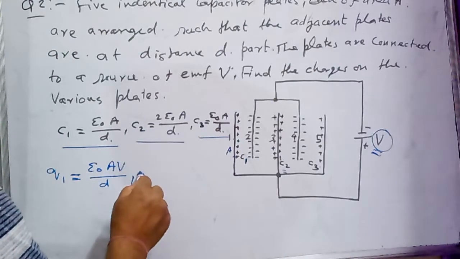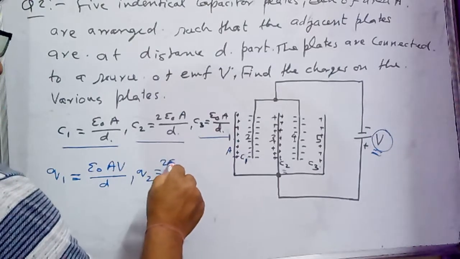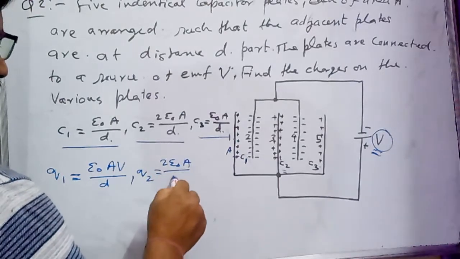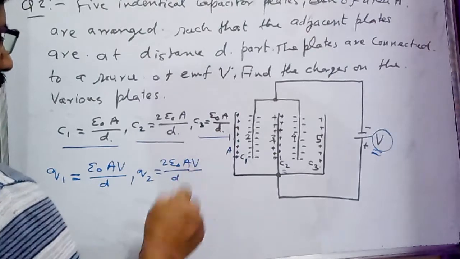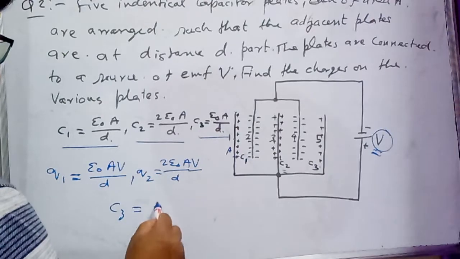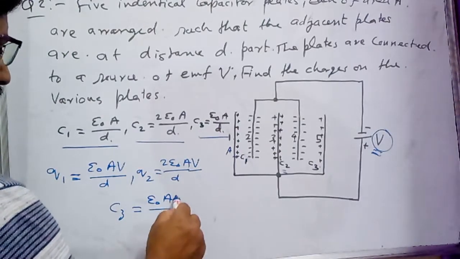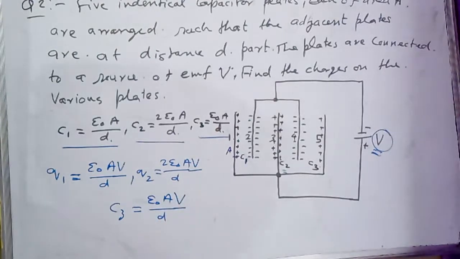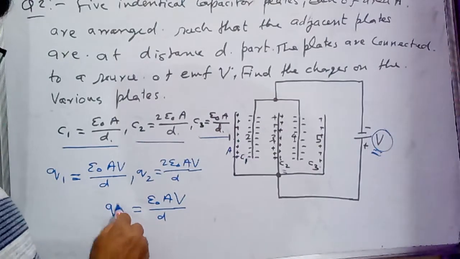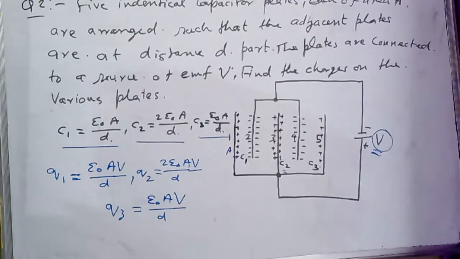Charge on the second capacitor Q2 equals 2 epsilon naught A by D into V, and charge on the third capacitor, that is C3, is going to be epsilon naught A by D multiplied by charging potential, that is V. This is Q3. That is by the formula charge on the plate of the capacitor Q equals C into V, that is capacitance multiplied by charging potential.